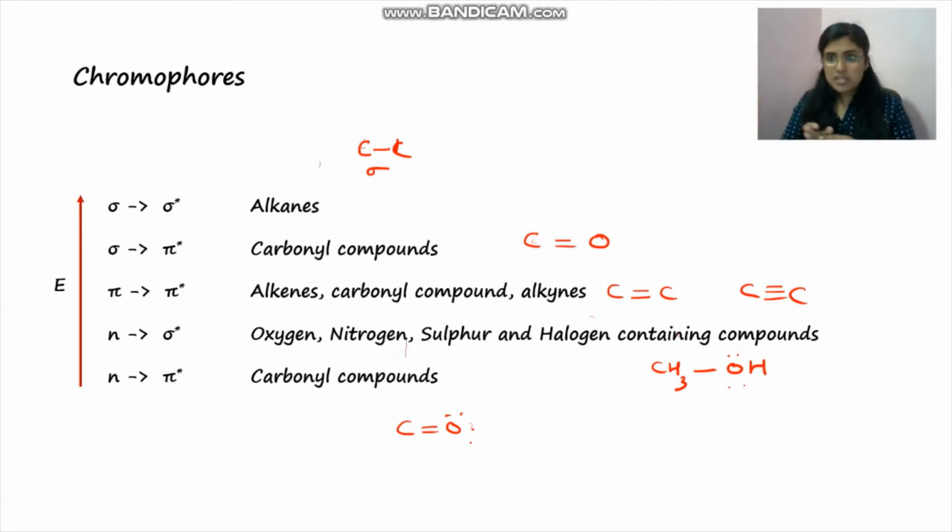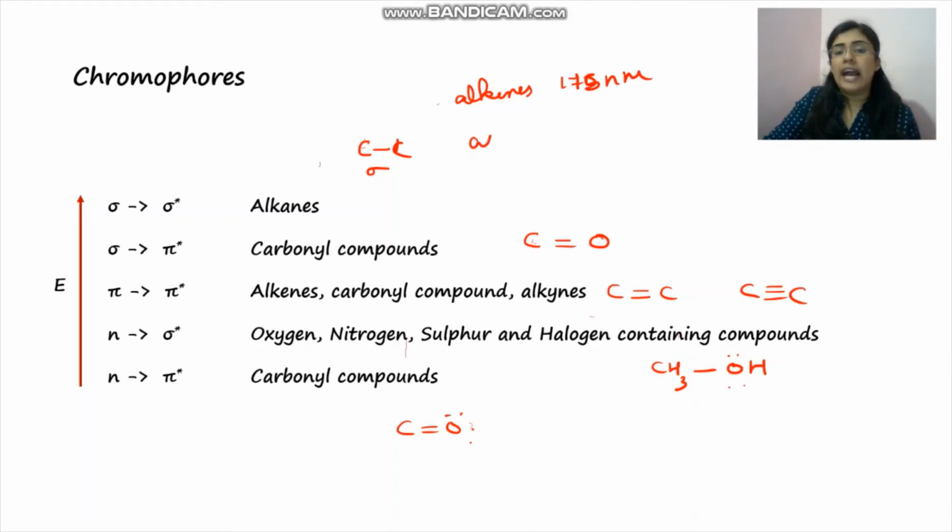So these groups that cause the various transitions are the chromophores, and each of these groups would cause a transition at a particular wavelength. So it would absorb light at a maximum wavelength. A maximum absorbance would be given at a particular characteristic wavelength. Like in the case of alkenes, my absorbance would be around 170 to 175 nanometer.